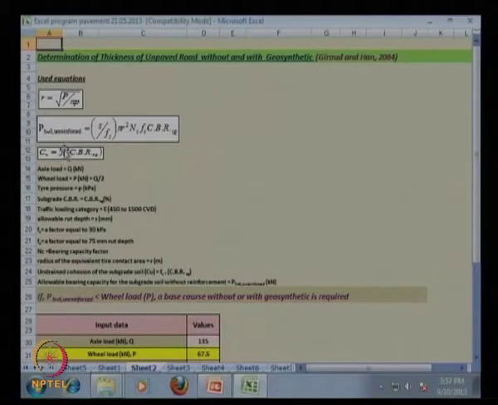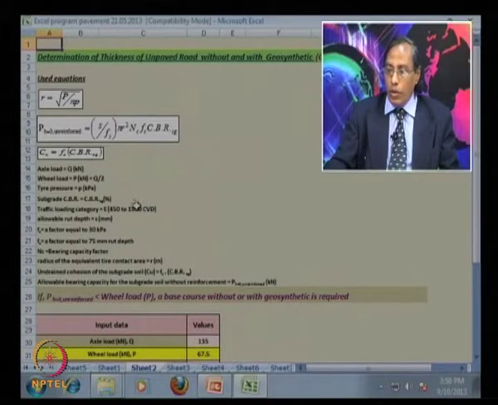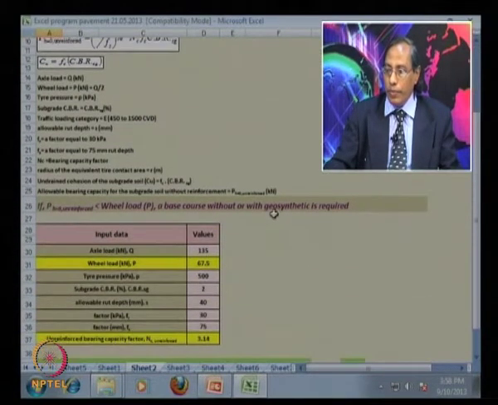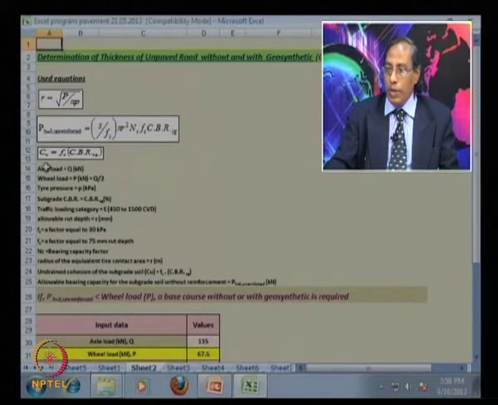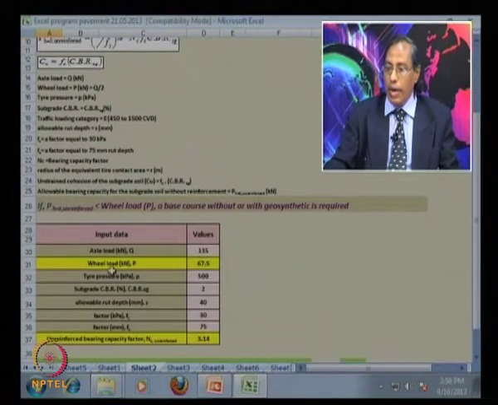We use this equation, R is equal to root over P by pi into p, and p0 is the ultimate force. We use this equation, and C is equal to this. So here, for the axle load, we use this equation, and here the axle load is given as 135.